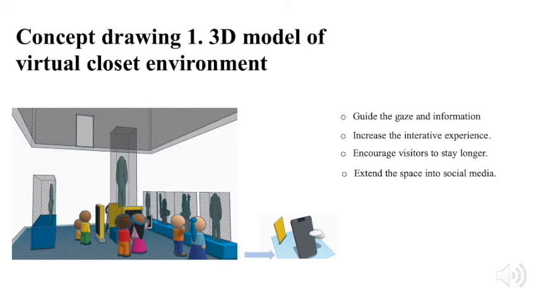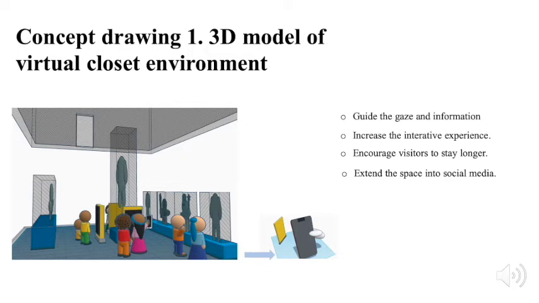The purpose of this design is to guide the gaze of the visitors and reduce the information workload of the visitors. It also increases the interactive experience and encourages the visitors to stay longer in the showroom due to their curiosity about the machine.